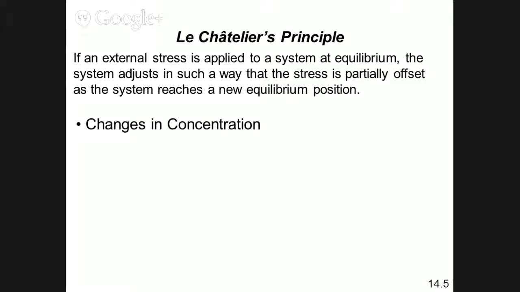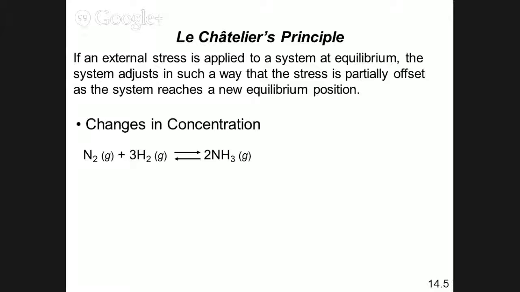In other words, a little bit of it got neutralized. That's what Le Chatelier's principle is trying to get at. The system itself will react to whatever the stress is to neutralize whatever change we made. Even if our change is something like changing the temperature, it will do something to counter that.